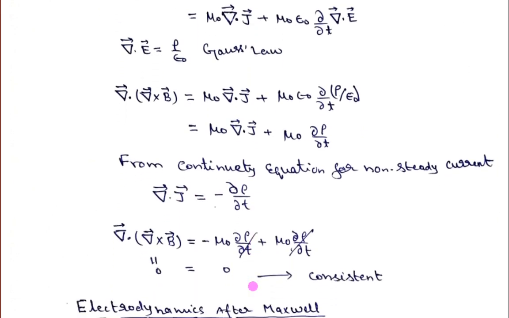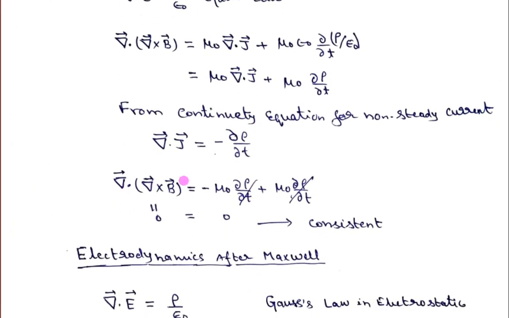If we substitute this value, the divergence of curl of B, which is obviously equal to 0, is equal to minus mu 0 del rho upon del t plus mu 0 del rho upon del t. So this cancels out, and this means it is equal to 0. That means this equation is consistent. So after Maxwell's modification, Ampere's law is also consistent.